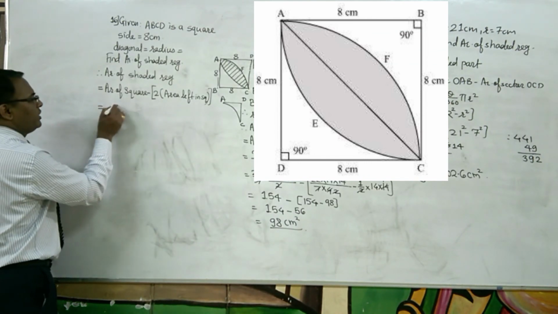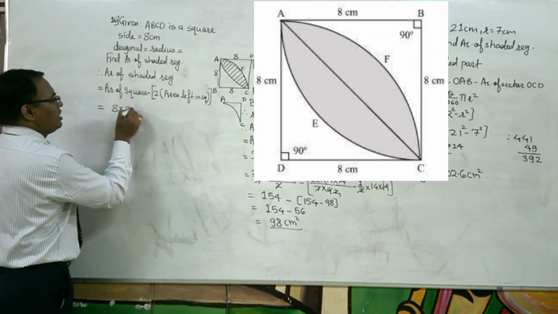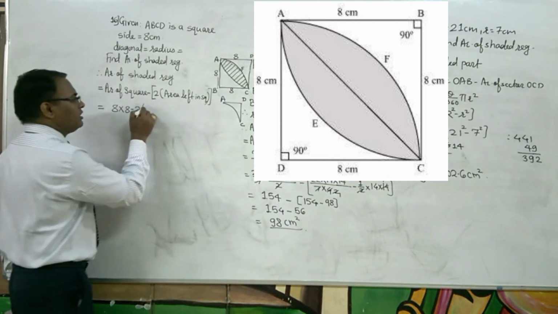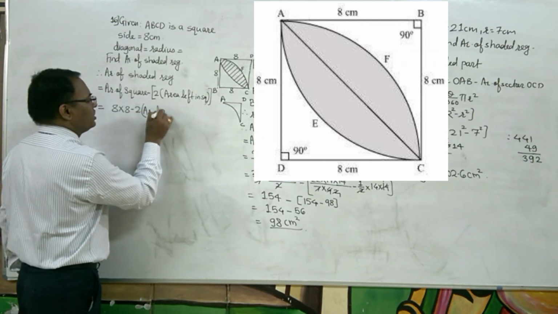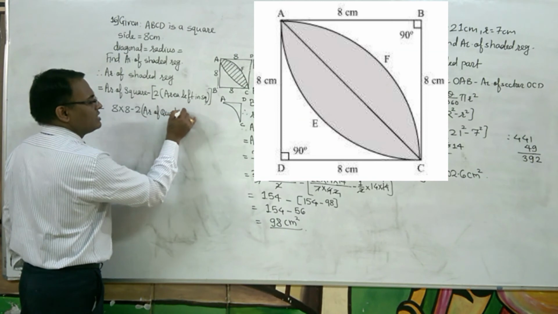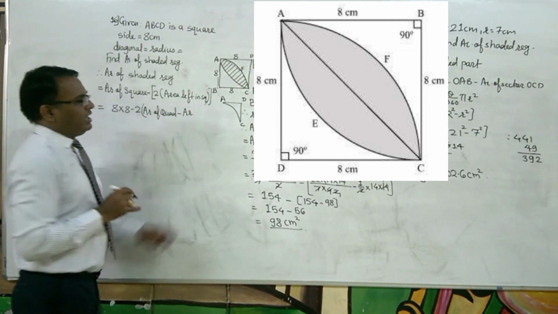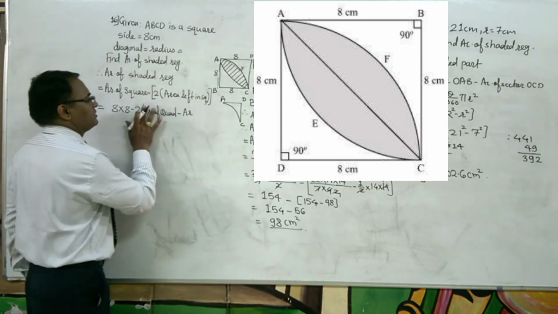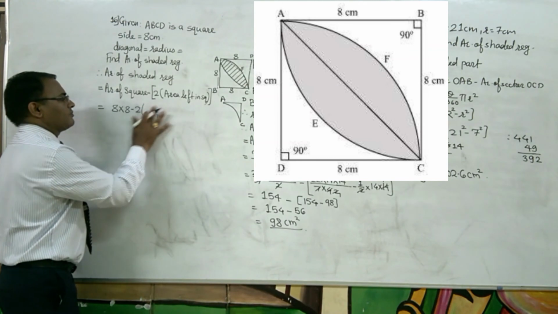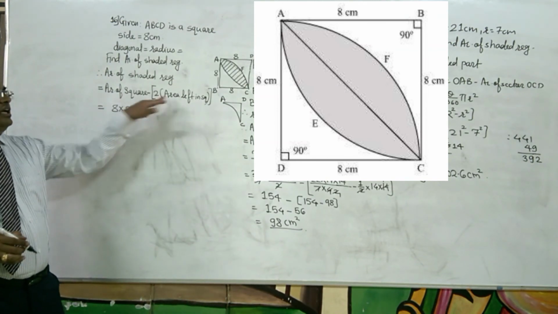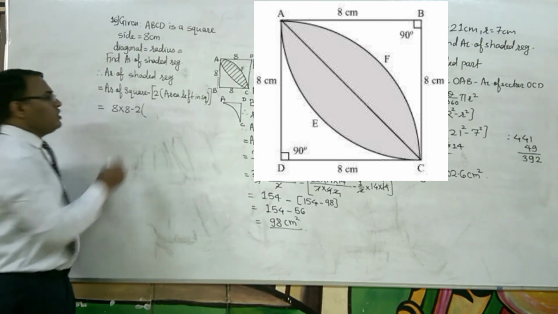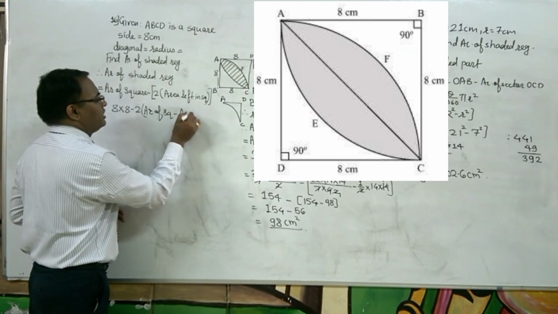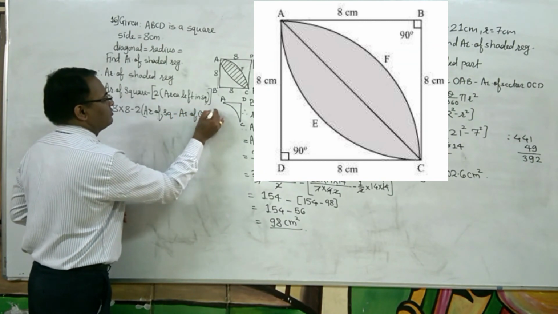Now what is the area of the square? It is 8 into 8. Now how to find this one, the area left in square? It is nothing but the area of the square minus the area of the quadrant, right?